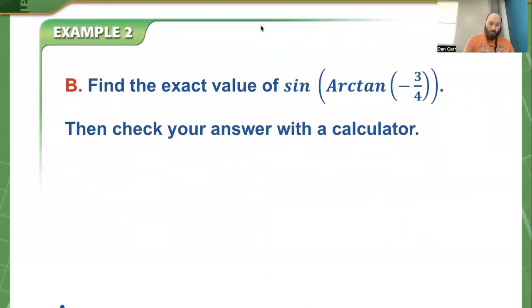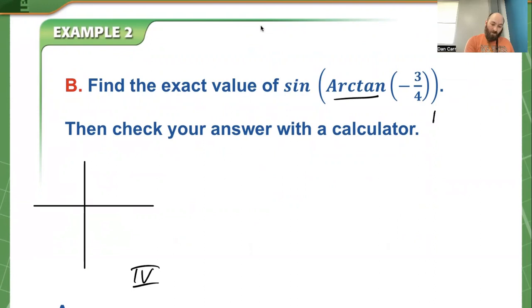Okay. Same thing on this one. Arctangent of -3/4. So again, the goal is, where is tangent negative? Okay. So tangent is negative in the fourth quadrant. So I'm going to draw my triangle in that spot.